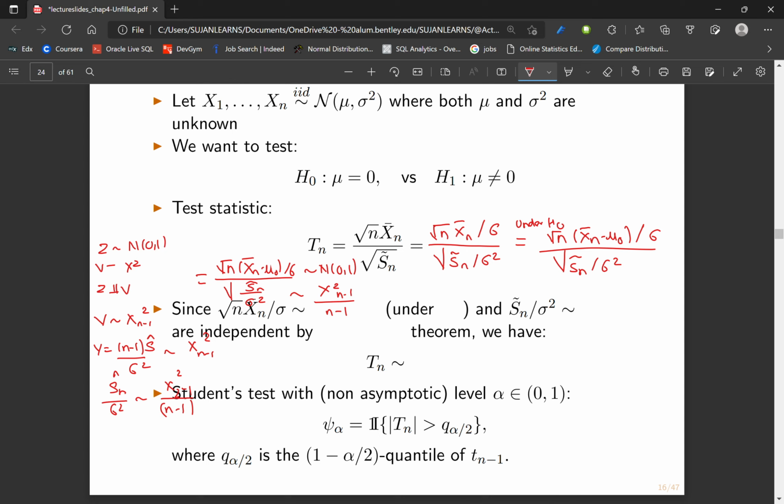That's why the numerator and denominator are like this, and hence they are independent of one another.